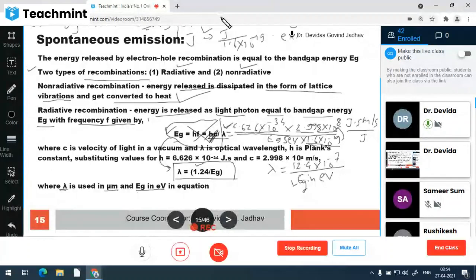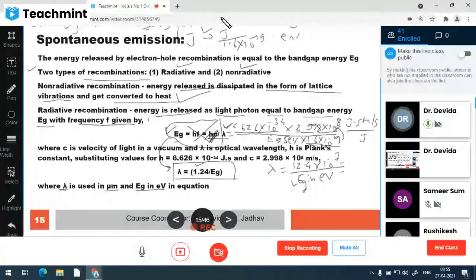But what is the answer? The answer is 12.4 into 10 raised to minus 7 divided by energy in eV. So this 10 raised to minus 7 is again there in the numerator, which makes the writing slightly more complicated.